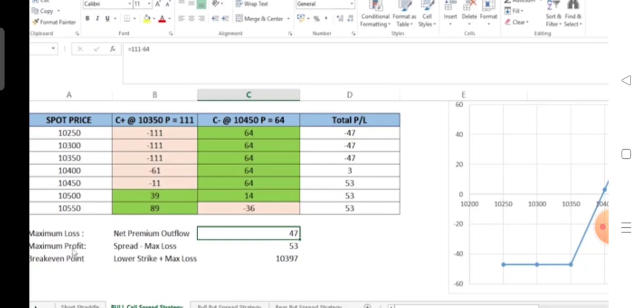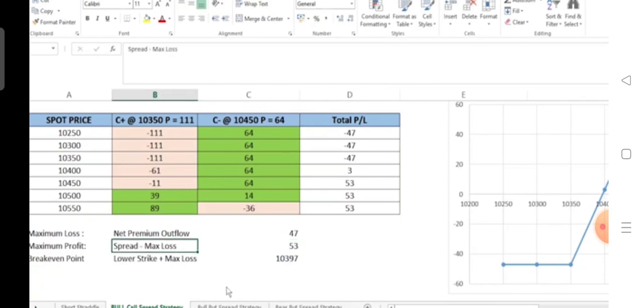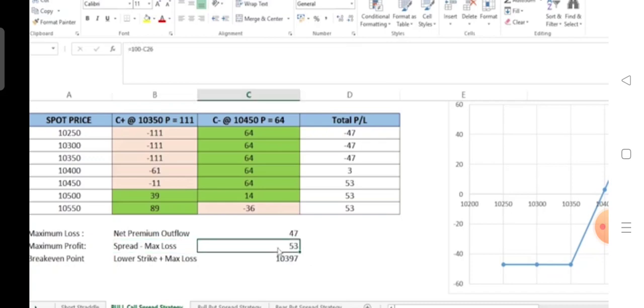Now what is the maximum profit from this strategy? The spread. Spread means the difference between the lower strike price and the higher strike price. So the spread over here is 100 rupees. So the maximum profit will be spread minus the maximum loss, which is 100 rupees minus 47, giving a total of 53 rupees.